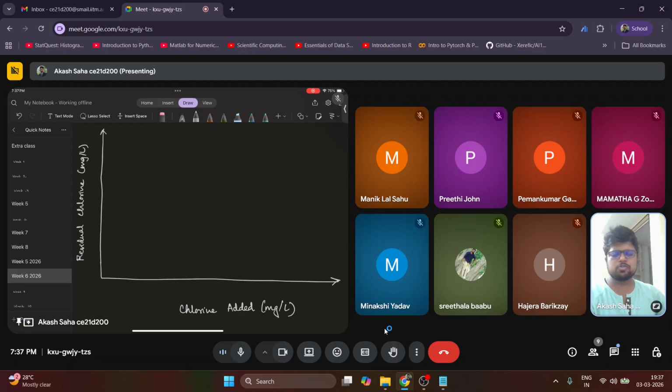So first of all, can someone tell me what is the difference between chlorine added and residual chlorine? Because ideally, if we add, suppose, 100 milligram per liter in my system, 100 milligrams should stay, right? Why is there a concept of residual?